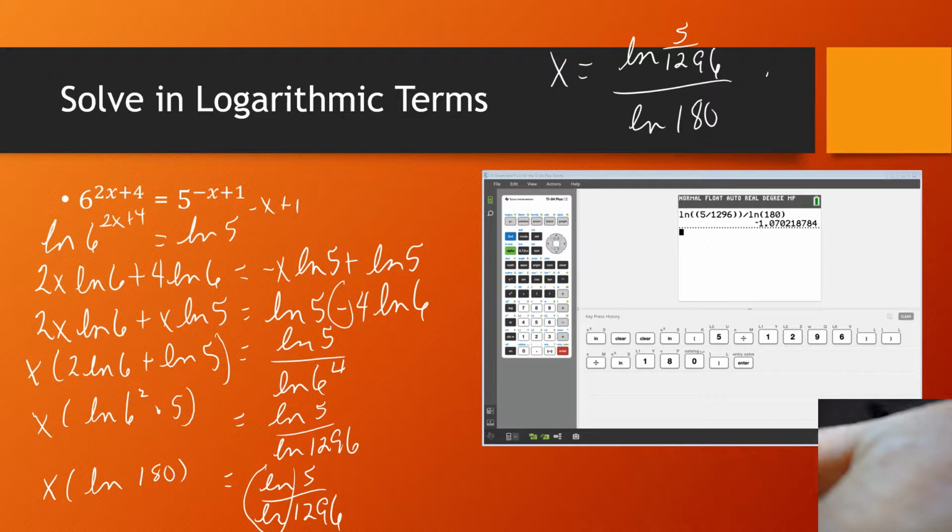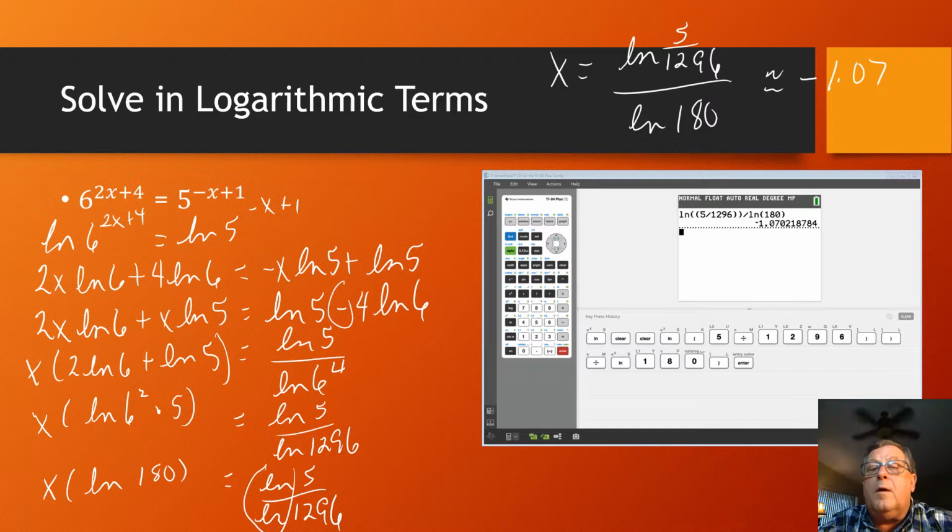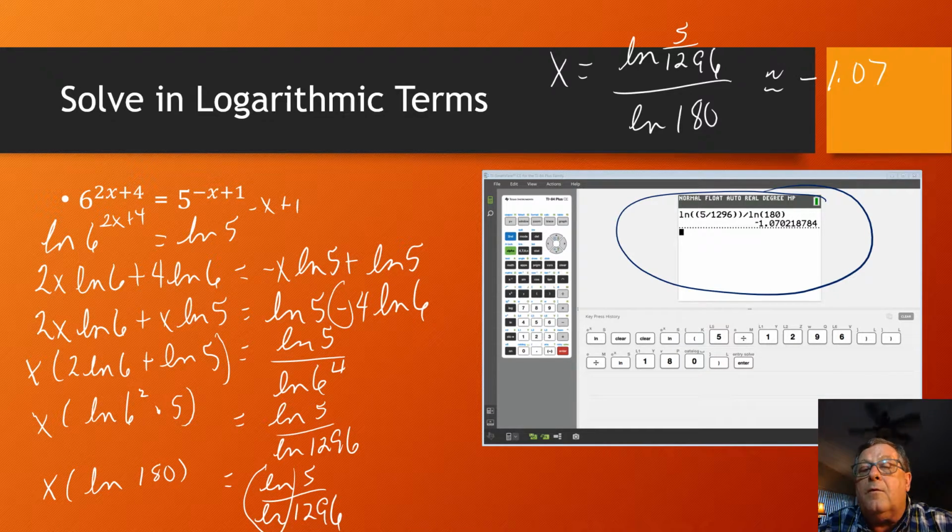And that's going to approximately equal negative 1.07, rounded to the nearest hundredth. Now, you can see how I entered that into the calculator. Note the double parentheses here, to make sure that the calculator picked it up correctly, and shazam, there it is, our answer.